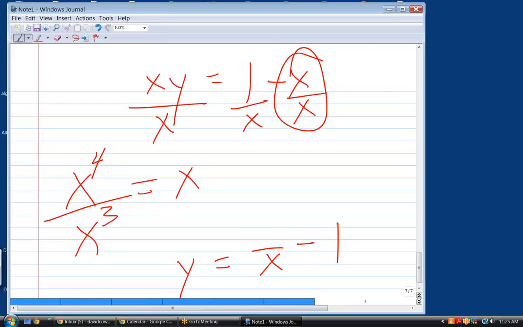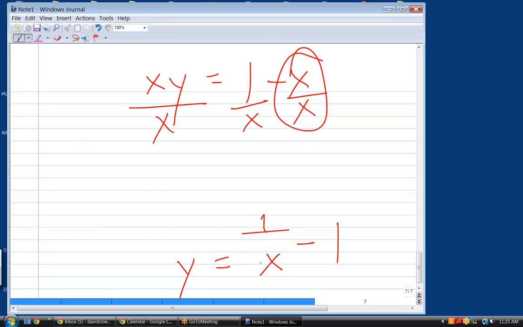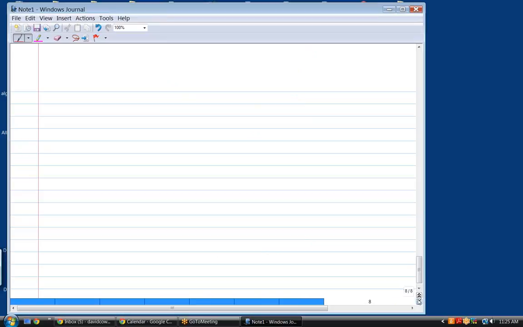When you're doing division of the same base, you subtract the exponents. So this is our final answer, 1 over x minus 1. Okay? As long as we're looking at this, let's talk about exponents, negative exponents. What does this mean?